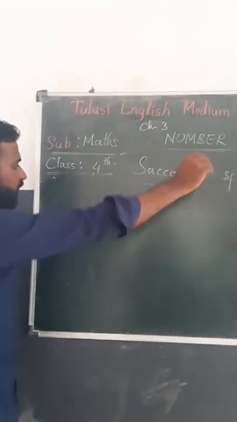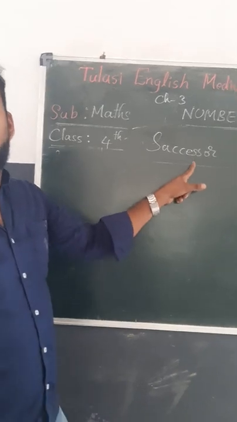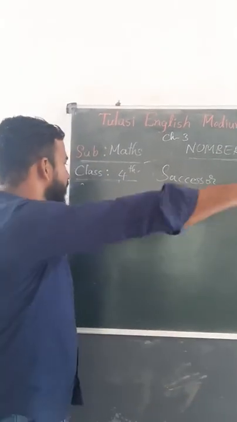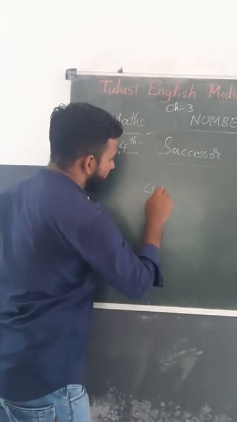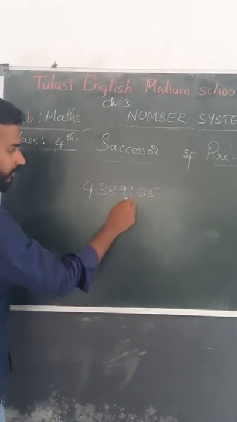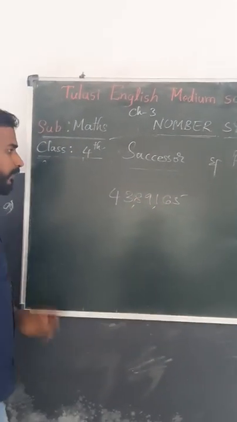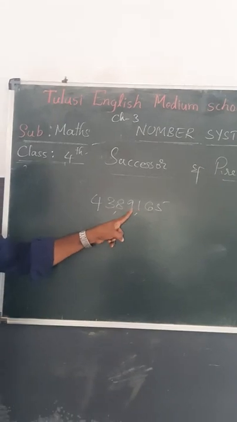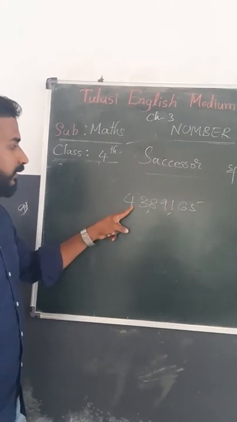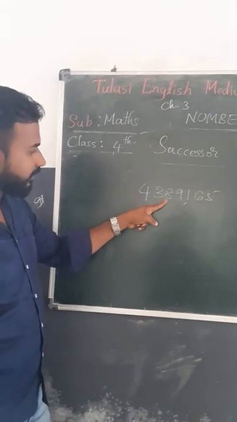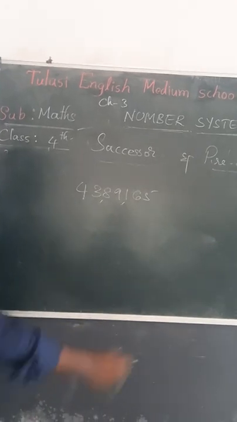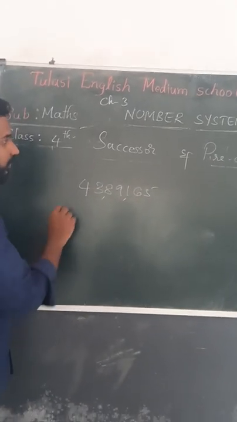Successor means when you add 1 to any number, you will get the successor of that number. For example, ones, tens, 100, 1000, 10,000, lakh, 10 lakh, 43 lakh 89,165 is the number.